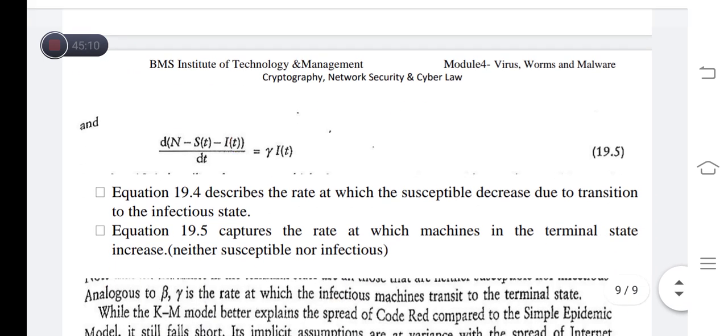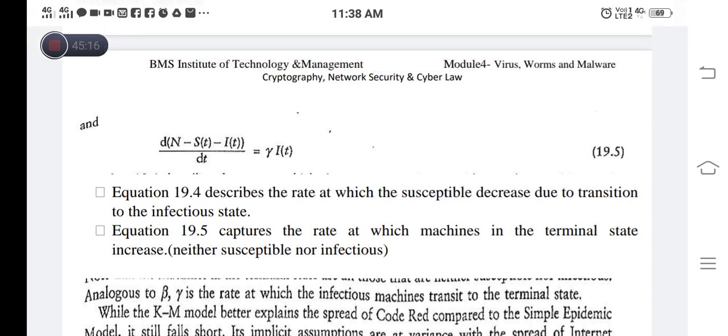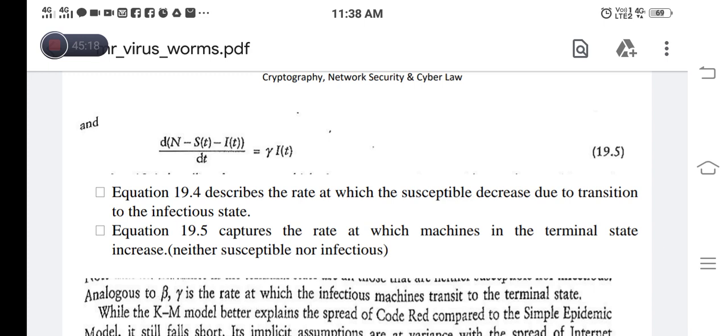Then 19.5 here. We know that N minus S of t minus I of t is the number of machines at the terminal state. So equation 19.5 captures the rate at which the machines in the terminal state increase. Because once the machines have moved from the susceptible state to the infectious state, the machines in the infectious state will move on to the terminal state, and those machines are never vulnerable to the infection again.